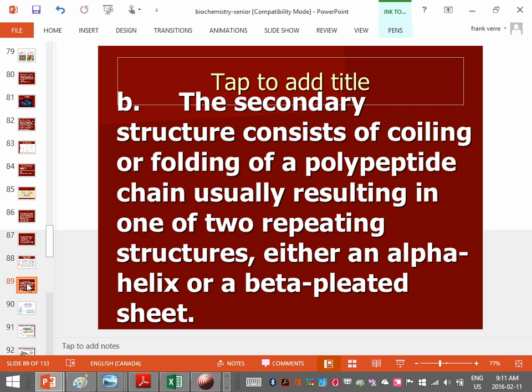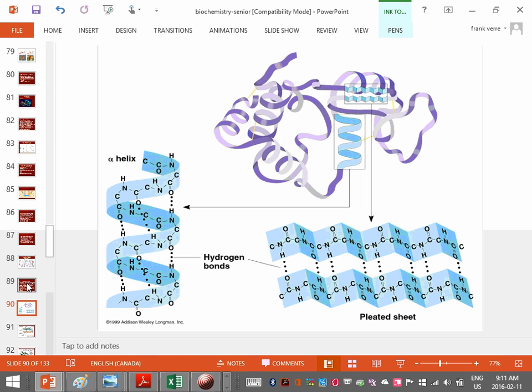Okay. Now, that primary level can do a few things. It can coil, and this depends on the amino acids, right? So if you have a particular set of amino acids in this area, they may coil. And we talked about the coiling can give the protein elasticity, because if you look at its shape, it reminds me of a slinky.